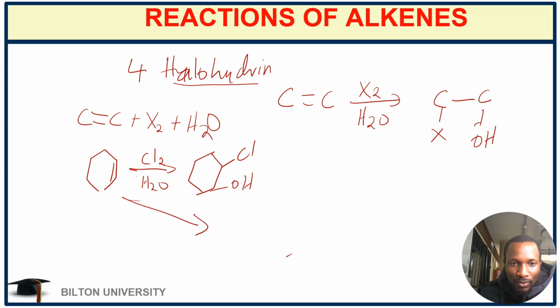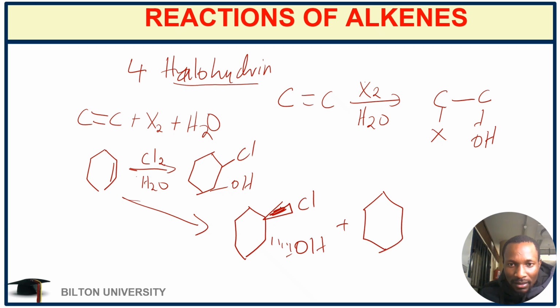So we are going to have chlorine and OH, plus we just change the stereochemistry, chlorine and OH. So these are the products of halohydrin formation.